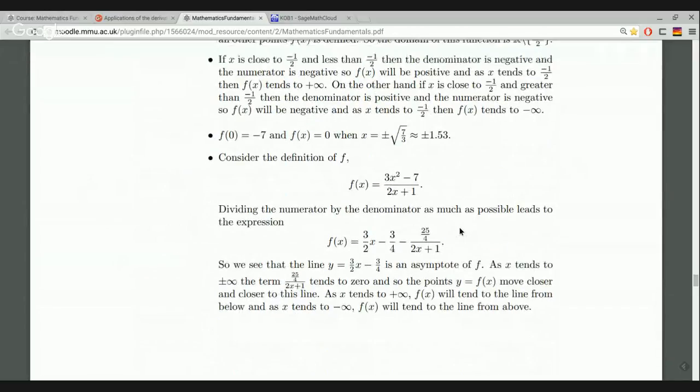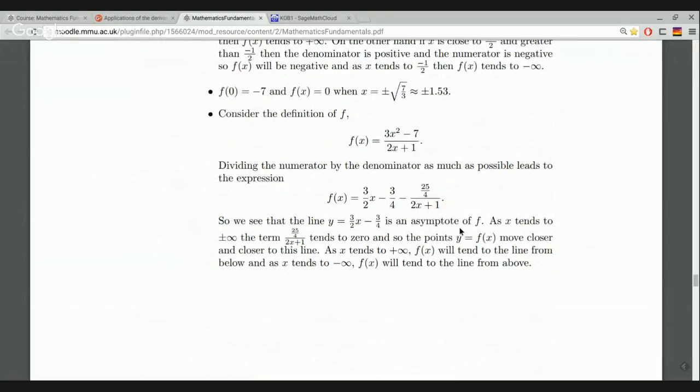Then the next thing we're going to consider is to look for asymptotes of this curve. Okay, so to find asymptotes of this curve, what we seek to do is rewrite the definition of f as some kind of curve plus a remainder part. And we want the remainder part to have the behavior that it converges to 0 as x goes to plus or minus infinity.